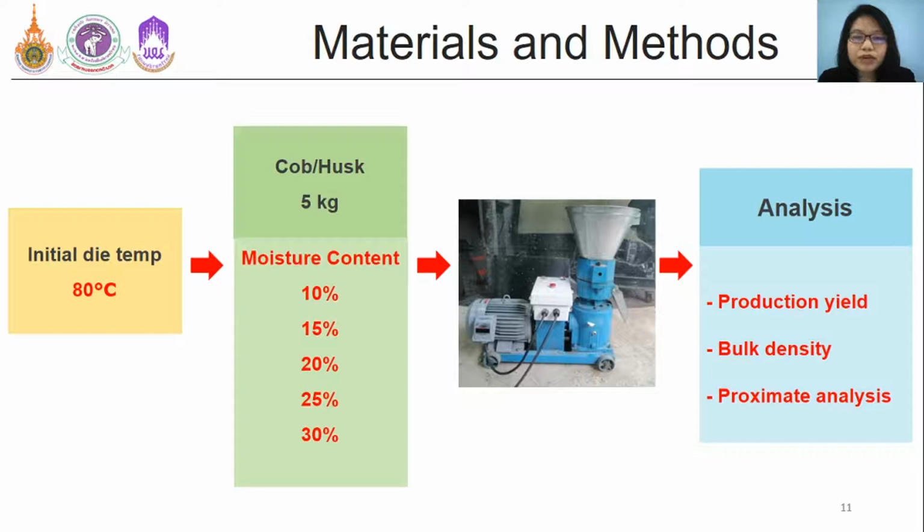Then, the pellets were dried using the solar greenhouse dryer for at least 3 days to reduce the moisture content. For property analysis of pellet, 400 grams of each dry pellet for each run were utilized. The length of the pellets was measured and classified into different ranges. The bulk density and property of the pelletized corn cob and corn husk were analyzed.